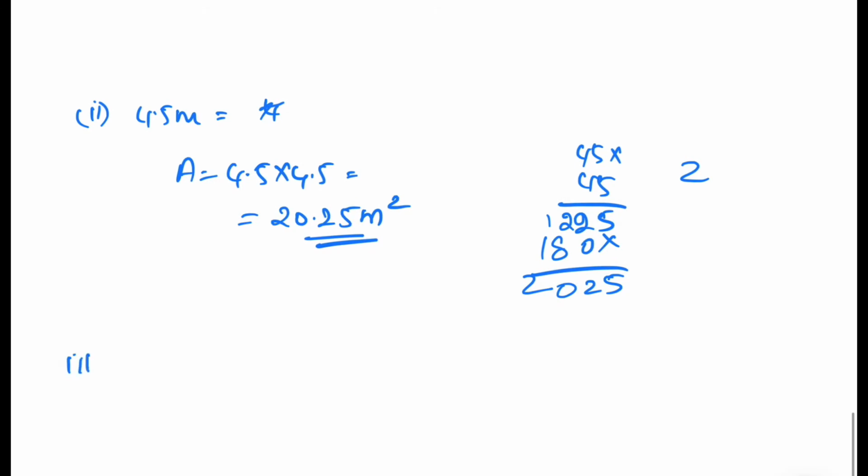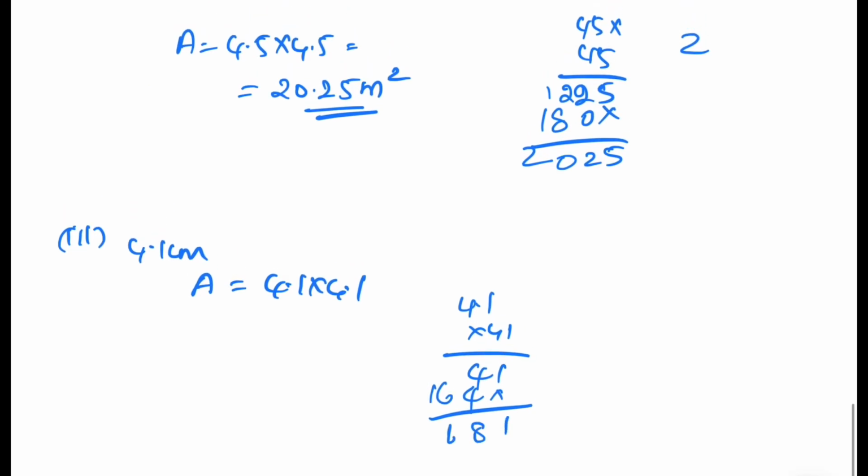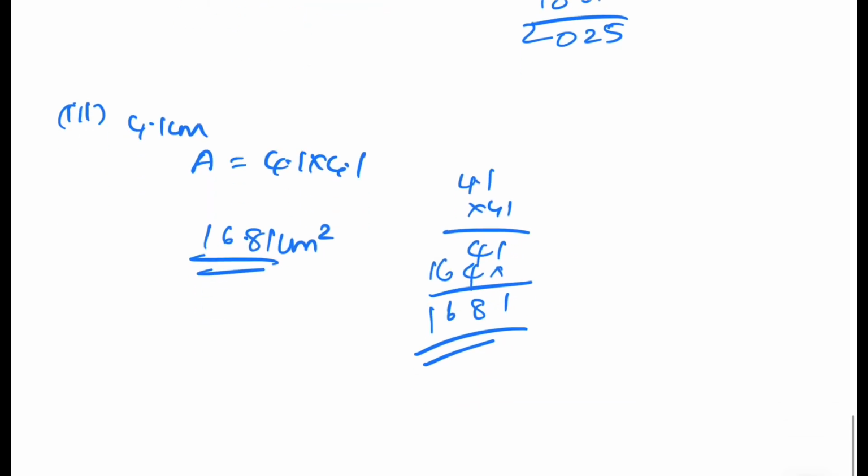Third one, you have 4.1 centimeter, area is equal to 4.1 into 4.1, that is equal to 4 ones are 4, 4 fours are 16, so you'll get 1681. So 16.81 centimeter square. Hope it's clear, children.